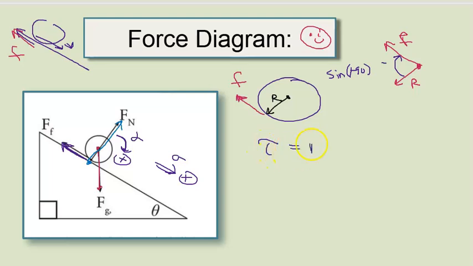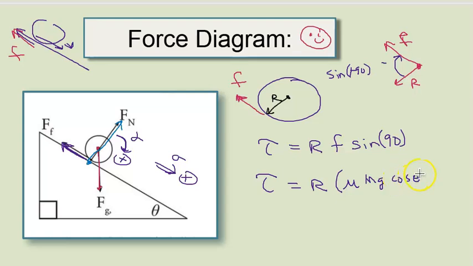So the torque caused by friction is, the good news is there's only one force, right? R is pretty obvious. F is going to be friction. And technically it should be sine of negative 90, but we're going to make it sine of positive 90 because we want these two things to match each other. So the torque is R times friction, which is mu times the normal.